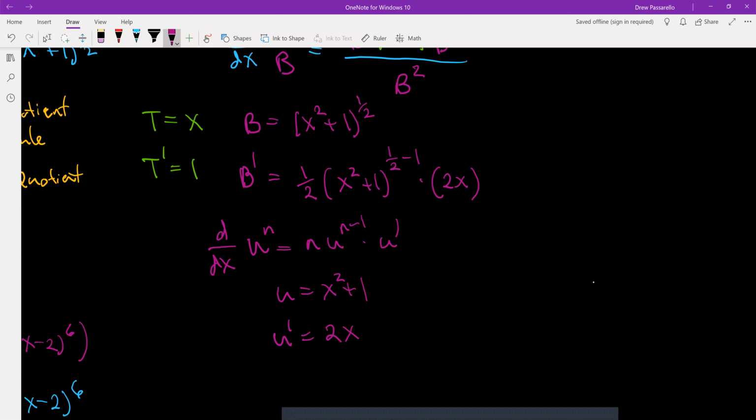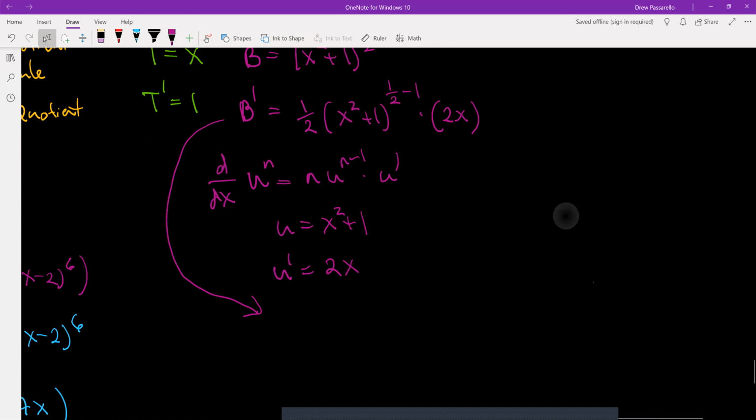Then I could write B prime: one half times 2, those cancel out, so B prime is x times (x^2 + 1) raised to the negative 1/2 power.